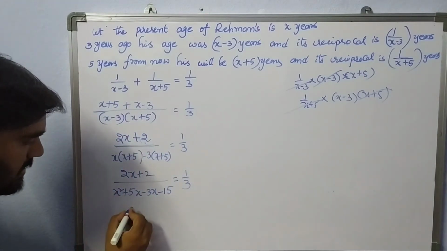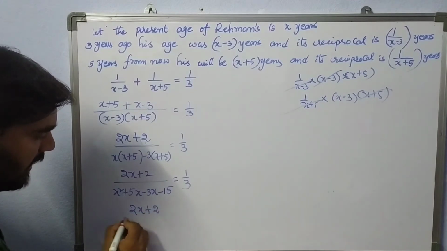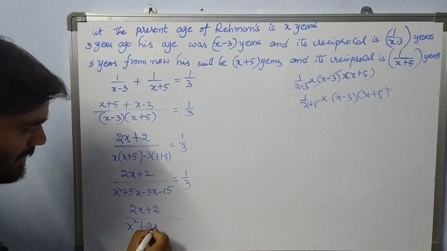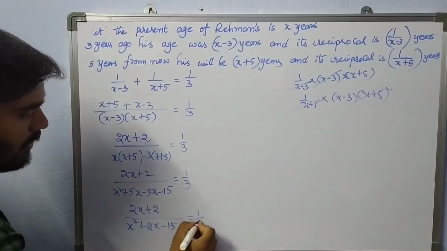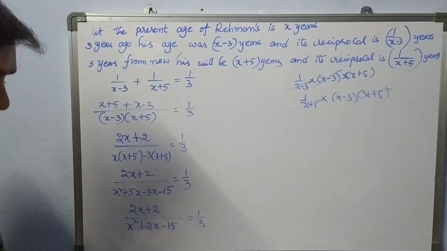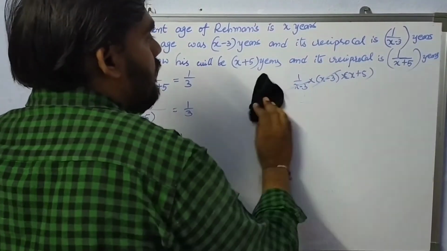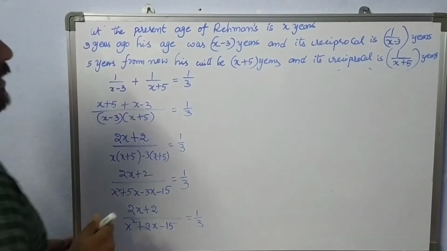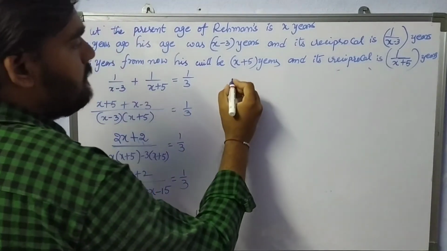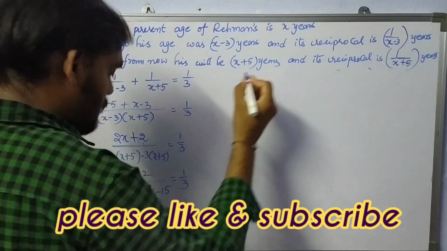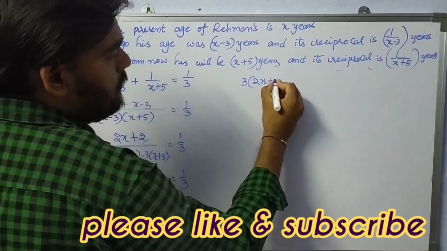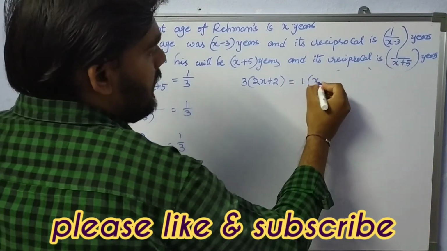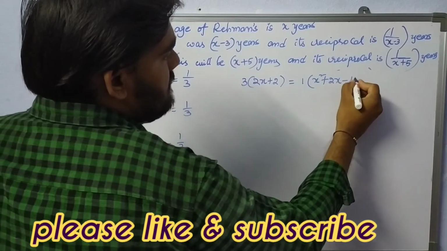Now this can be written as 2x plus 2 by x square plus 2x minus 15 is equal to 1 by 3. Do cross multiplication. At that time we will get 3 into 2x plus 2 is equal to 1 into x square plus 2x minus 15.